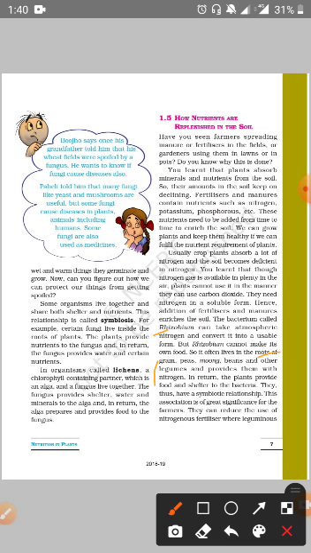Thus they have a symbiotic relationship. I hope this is clear to you. This association is of great significance for the farmers. They can reduce the use of nitrogenous fertilizers.